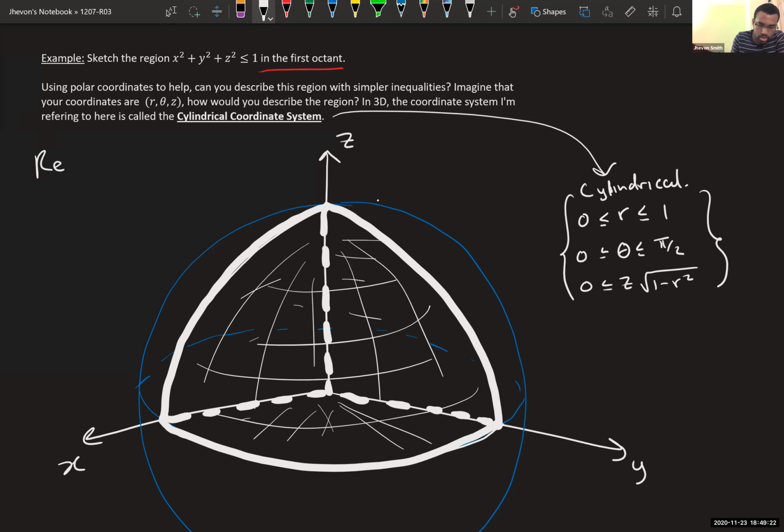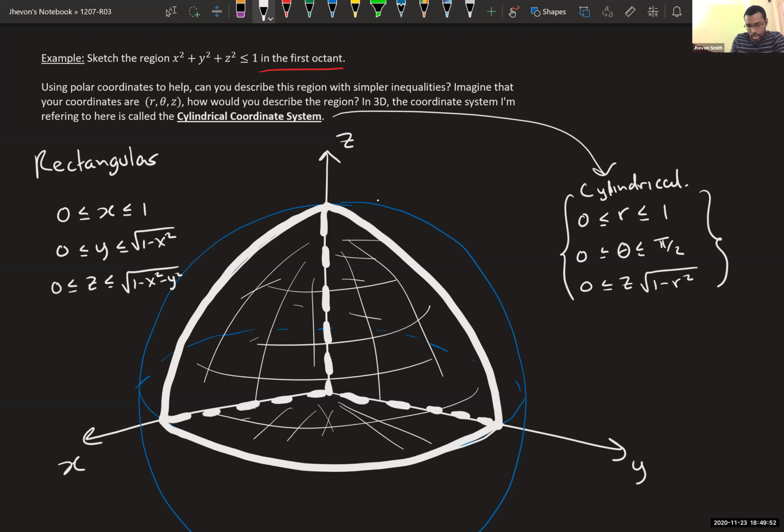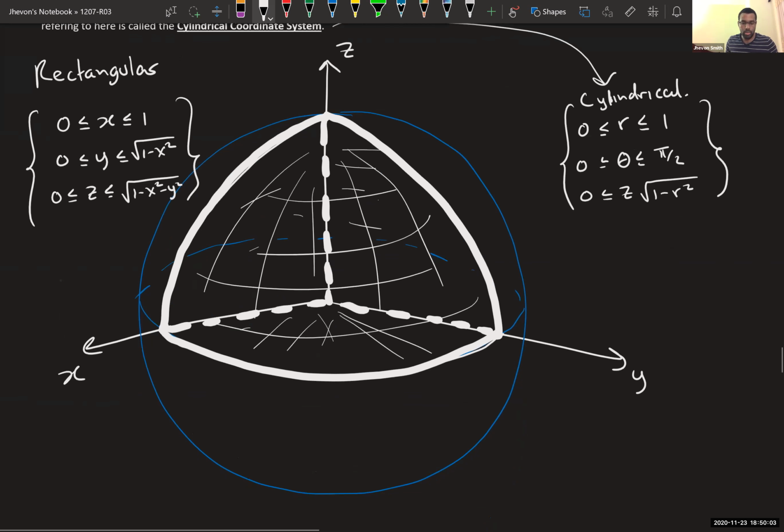In rectangular, you could describe this region as x goes from 0 to 1, y goes from 0 to the square root of 1 minus x squared, and z goes from 0 to the square root of 1 minus x squared minus y squared. But yeah, that's the picture.